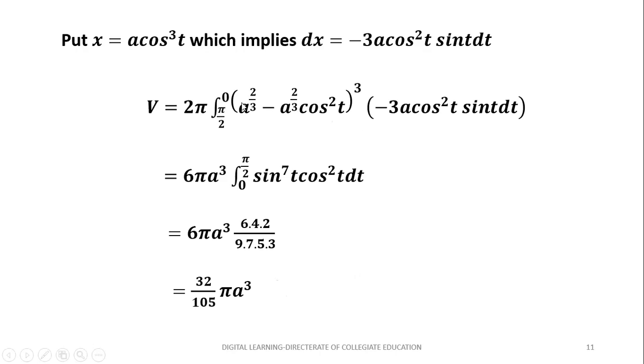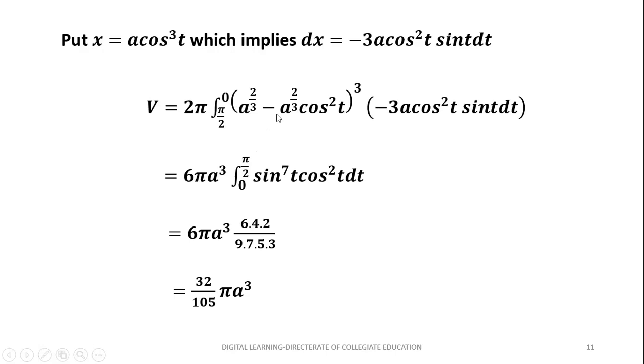Therefore, by substituting these values, V is equal to 2π, integral from π/2 to 0, of (a^(2/3) − a^(2/3) cos²t)³ into dx, which is equal to −3a cos²t sin t dt. Now change the limits to 0 to π/2, so the minus multiplied with this minus becomes plus.